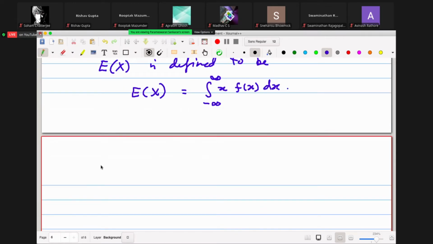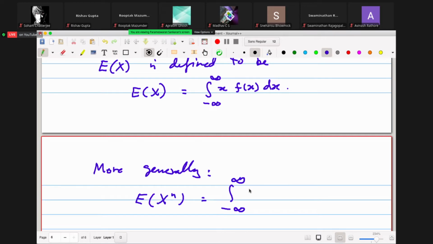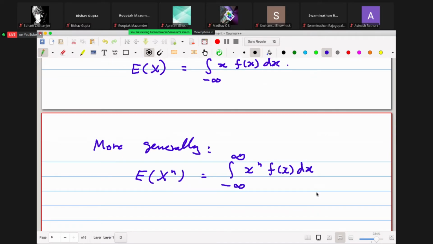More generally, E of X to the power n is equal to the integral from minus infinity to infinity of x to the power n times f_X(x) dx, and it's called the nth moment.